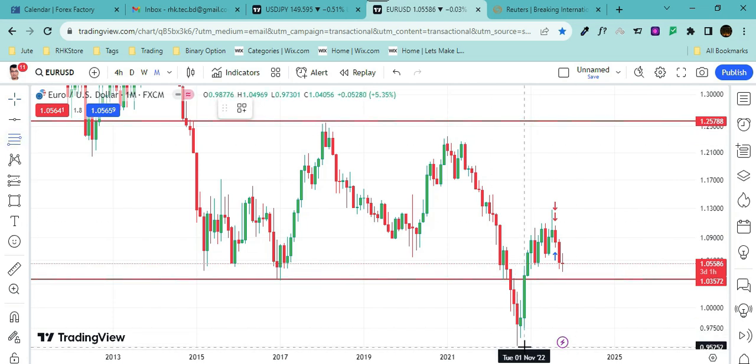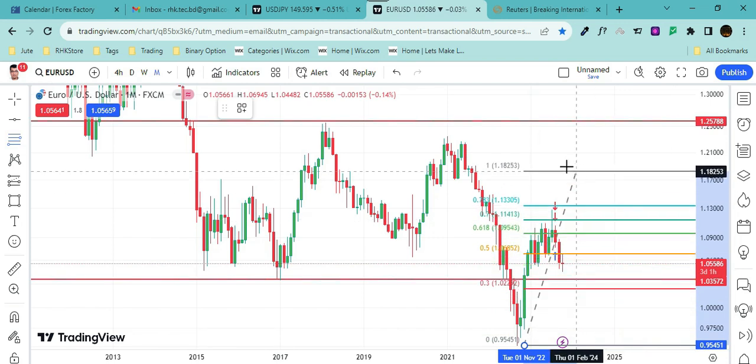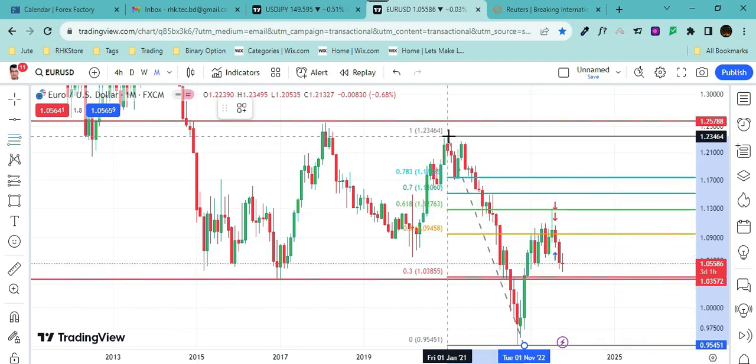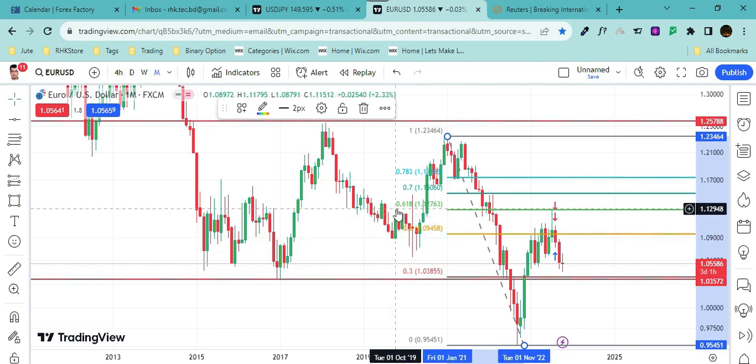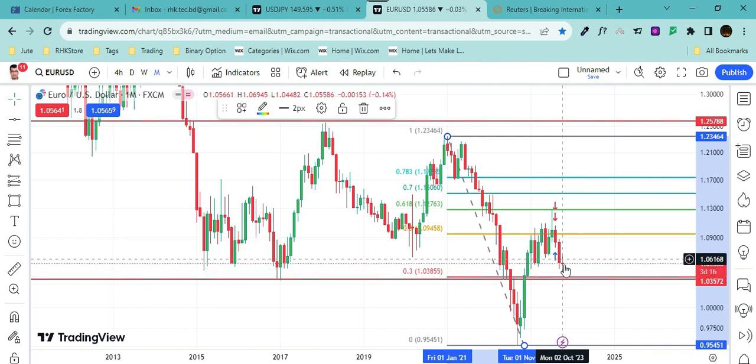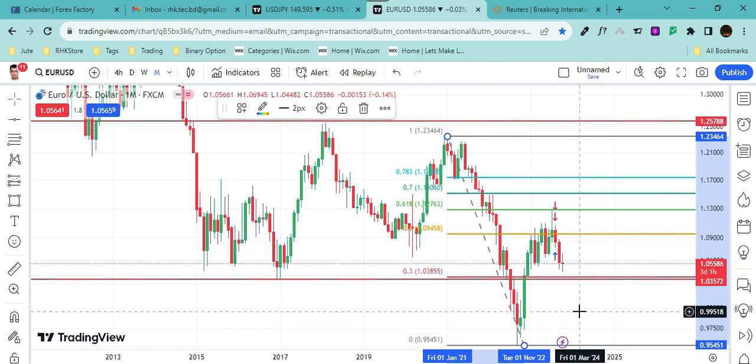To see the retracement, we can see that it has retraced back to 61.8%. Then it crossed the 50%. Now it is coming towards the 30% mark. So this is one vital thing, that we are heading towards the 30%.